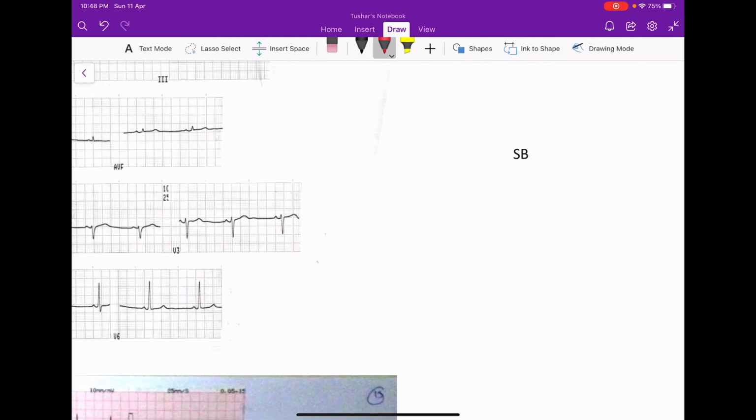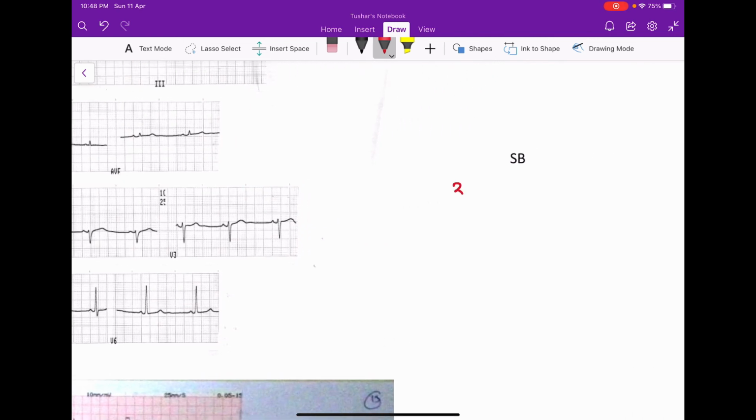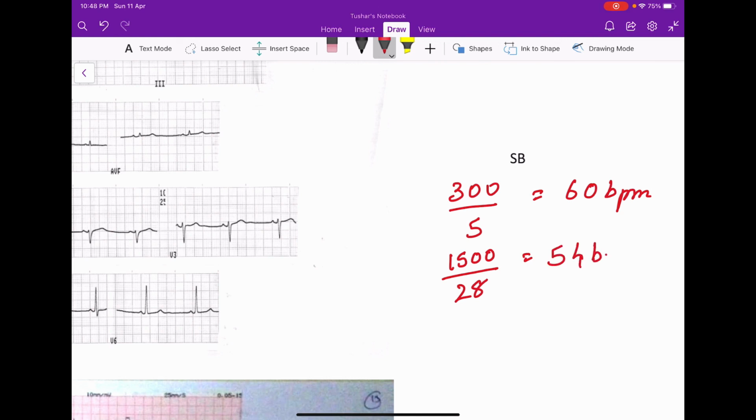So putting the formula, 300 divided by 5 comes out to 60 beats per minute, and 1500 divided by 28 comes up to 54 beats per minute.